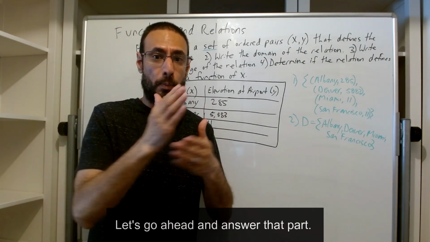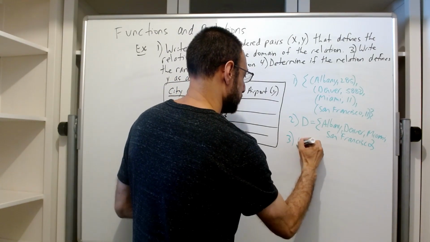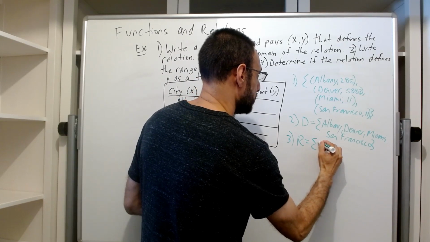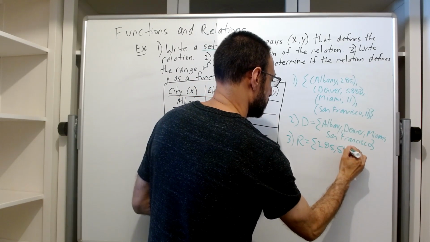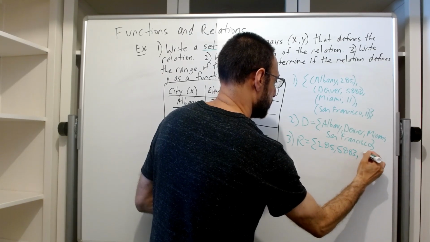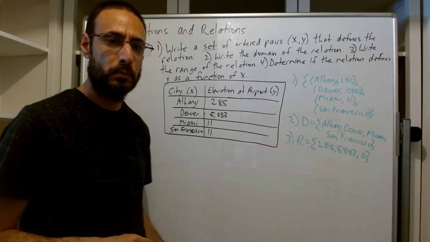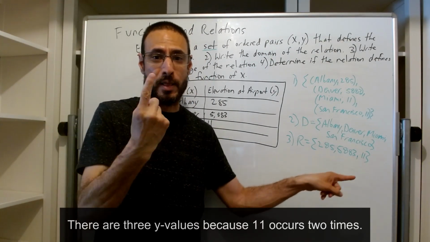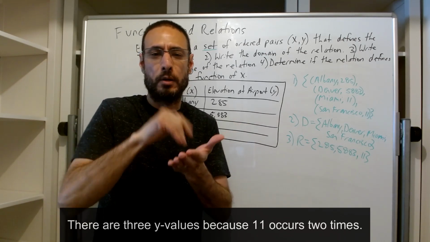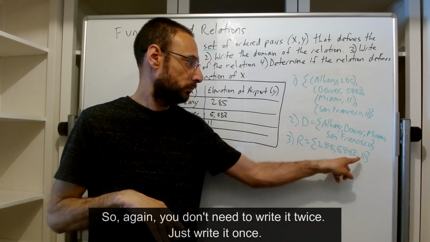Let's go ahead and answer that part. There are 3 y values because 11 occurs 2 times. So, again, you don't need to write it twice. Just write it once.